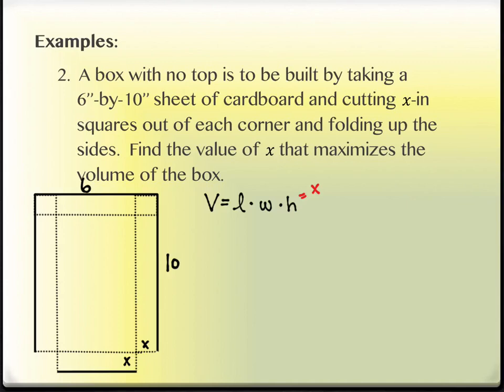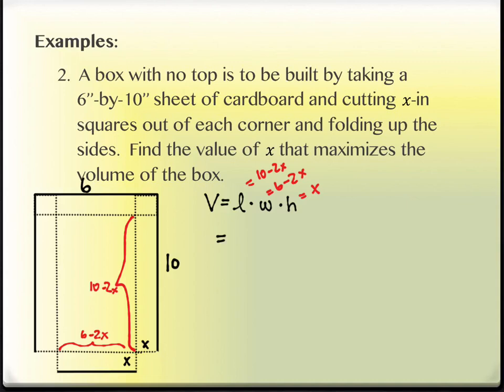The length started out top to bottom as 10, but then I've cut off 2 pieces, so you're exactly right. This would be 10 minus 2x, and by exactly the same reasoning, this would be 6 minus 2x. So my length is 10 minus 2x, and my width is 6 minus 2x.